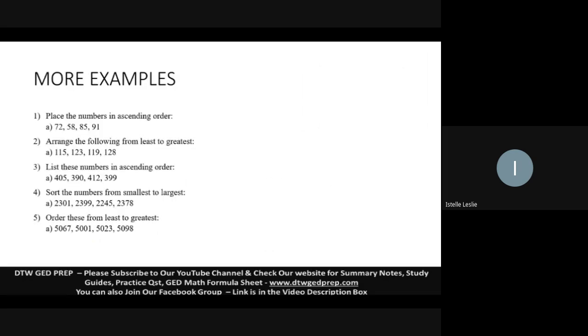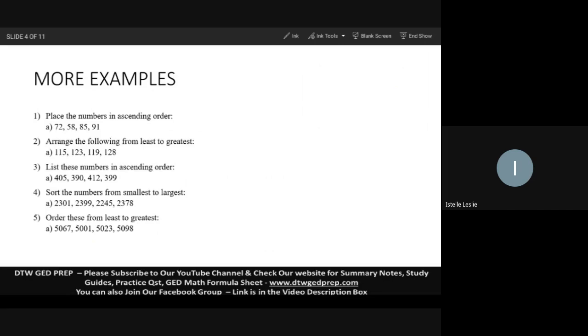place the numbers in ascending order. So when we talk of ascending order, we mean from the smallest down to the biggest. So the biggest should come last. So ascending means you are starting small and going to the highest value.